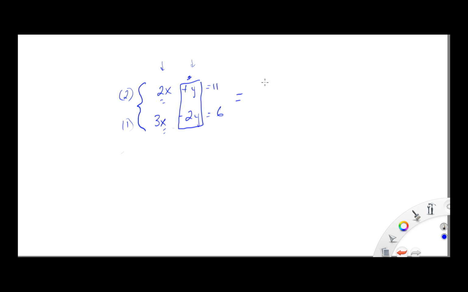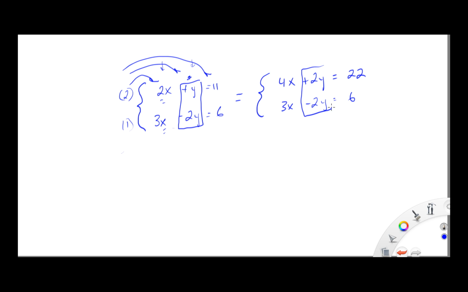Okay, so this whole equation is now going to equal 4x plus 2y equals 22 because I'm applying this 2 to each term. Okay, multiplying it by each term. And if I'm multiplying the bottom by 1, I have the same thing. 3x minus 2y equals 6.